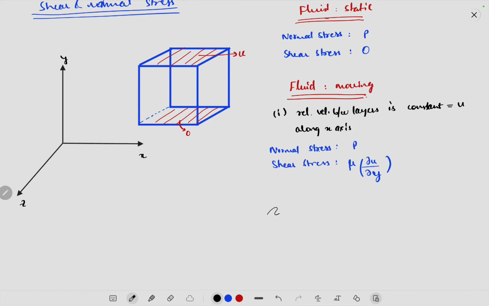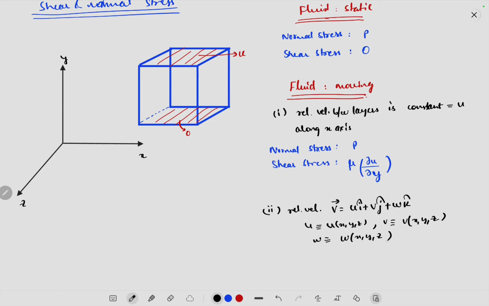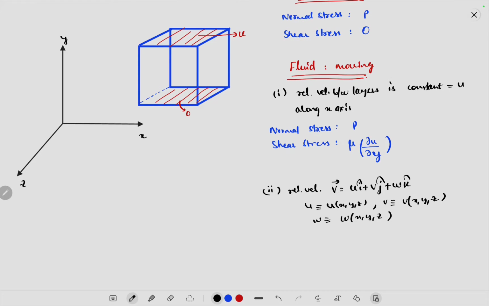So this is correct. Now if I ask you, instead of a constant velocity u, let's say the relative velocity is some v, which is u i hat plus v j hat plus w k hat, and it is not constant, where u can be a function of x, y, and z, v can be a function of x, y, z, and w can be a function of x, y, z, then what can you say about the normal stresses and the shear stresses?